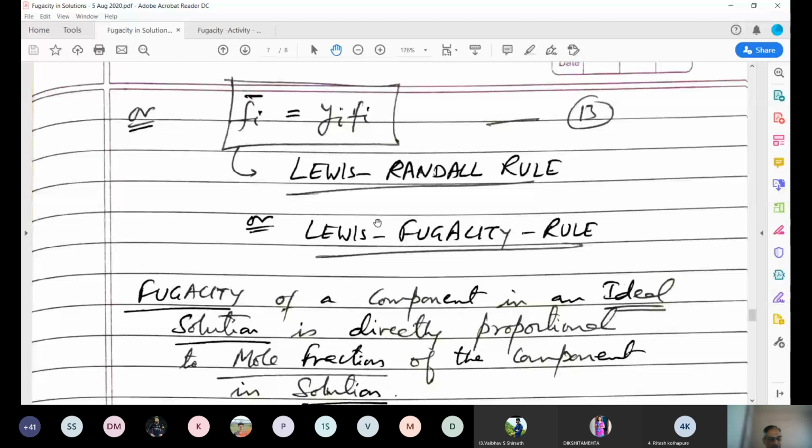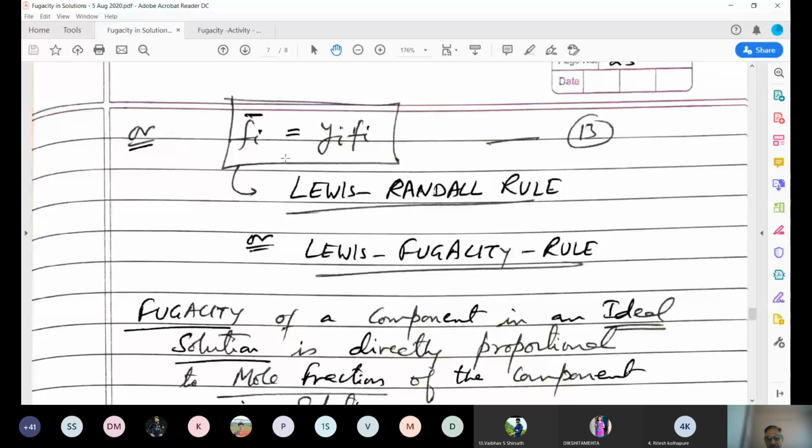Lewis-Randall rule. Any questions? If there are no questions, we'll stop the meeting.